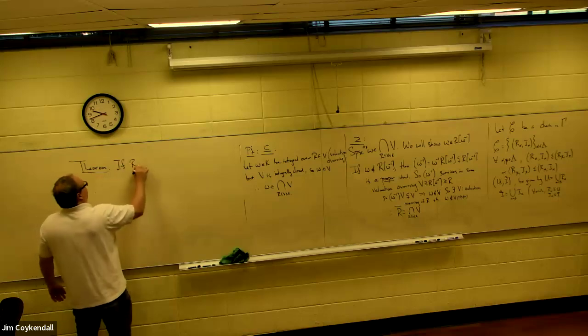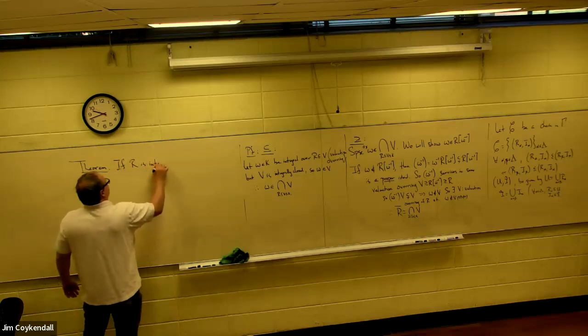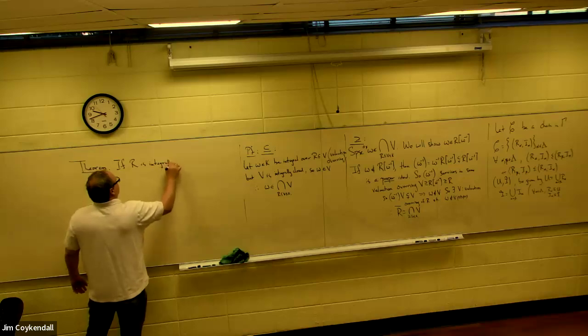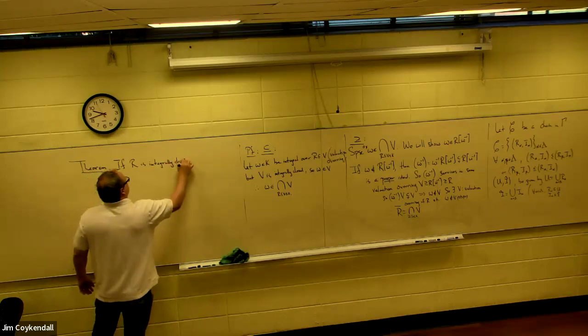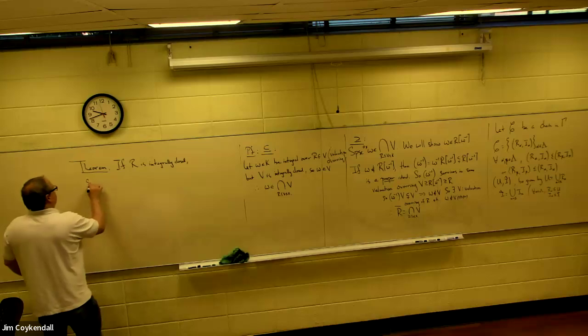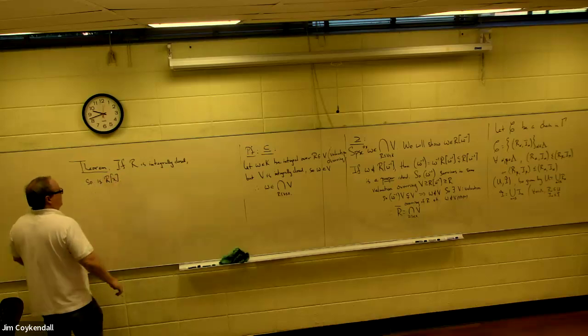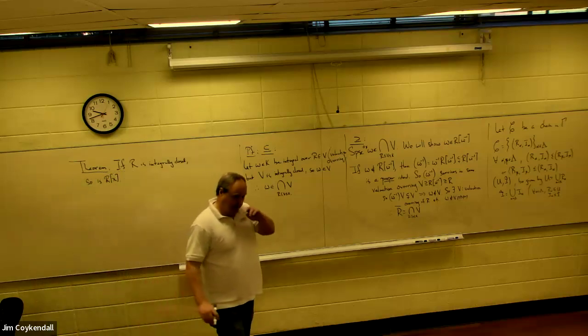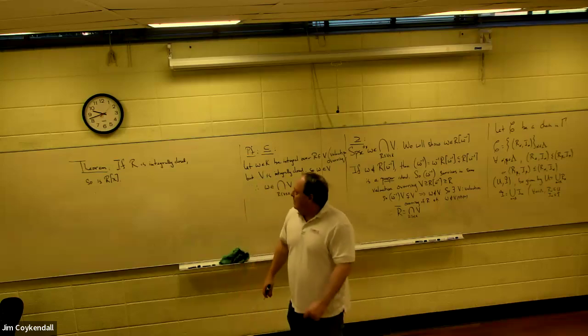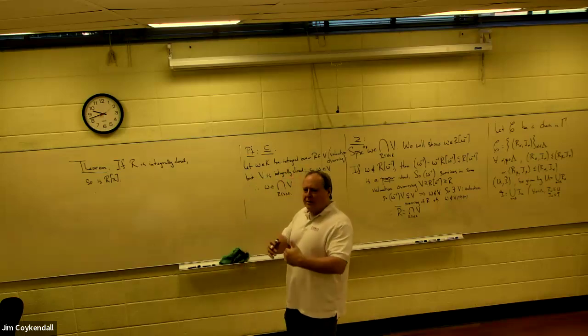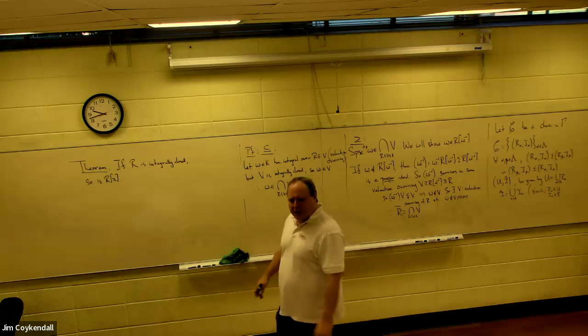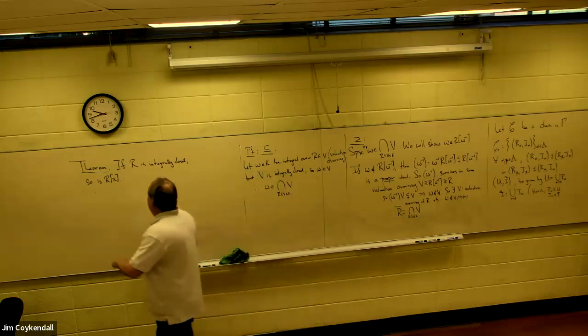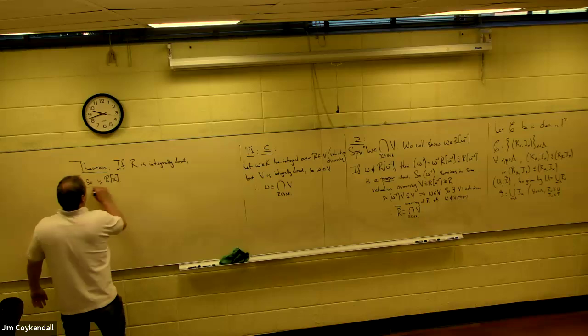If R is integrally closed, so is R[x]. So the property of being integrally closed is preserved when you go to polynomial extensions. So why is this the case?